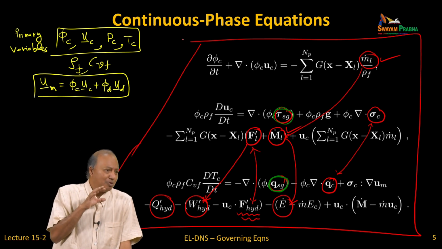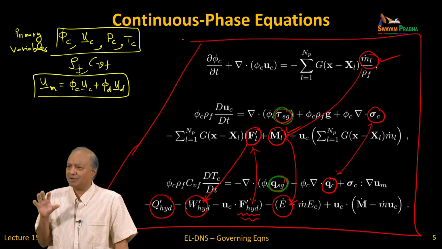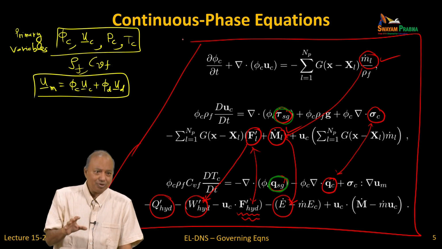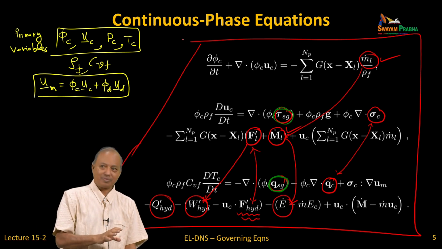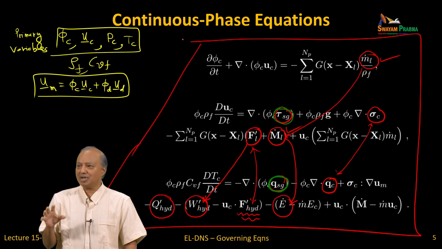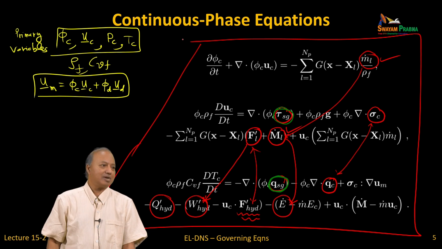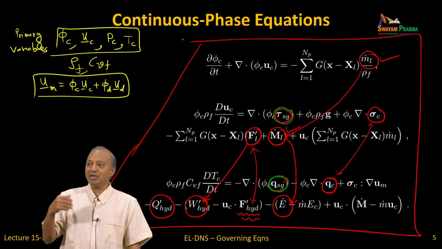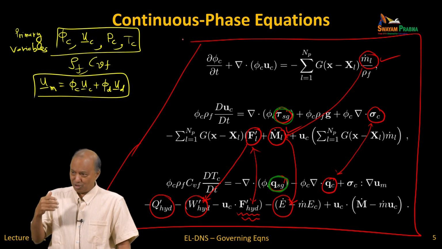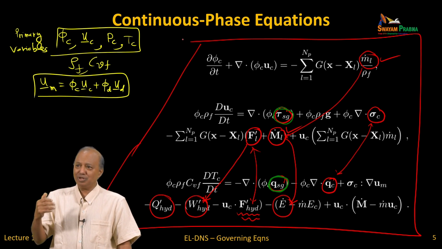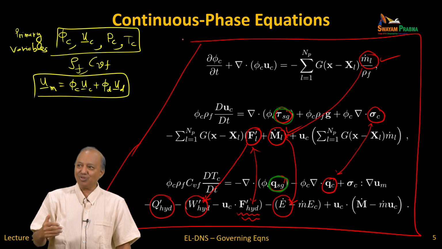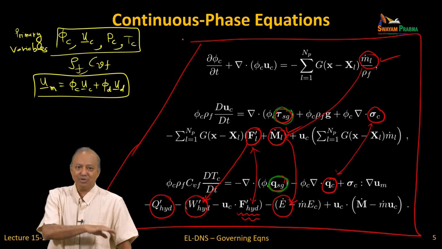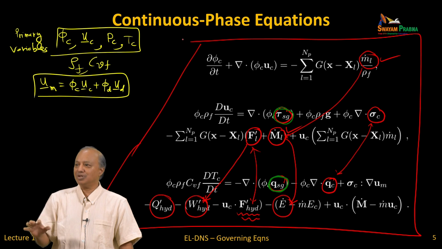In other words, I am computing only the large eddies, but do I do that correctly? The answer is yes, you can if you have a perfect model. Typically, the answers are not good because these circle terms are not correct. And that is why there is a very good reason why you need to make these circle terms as good as you can, so that your answer on the reduced dimensional space will be as good as it can.